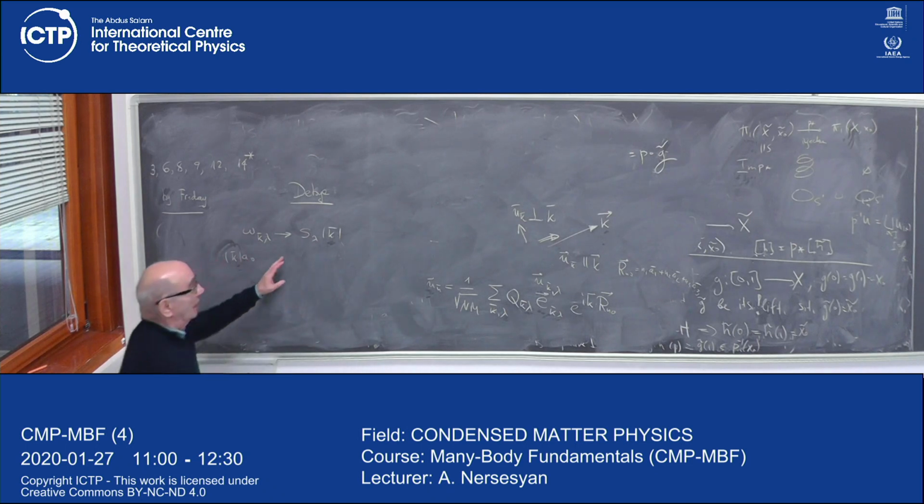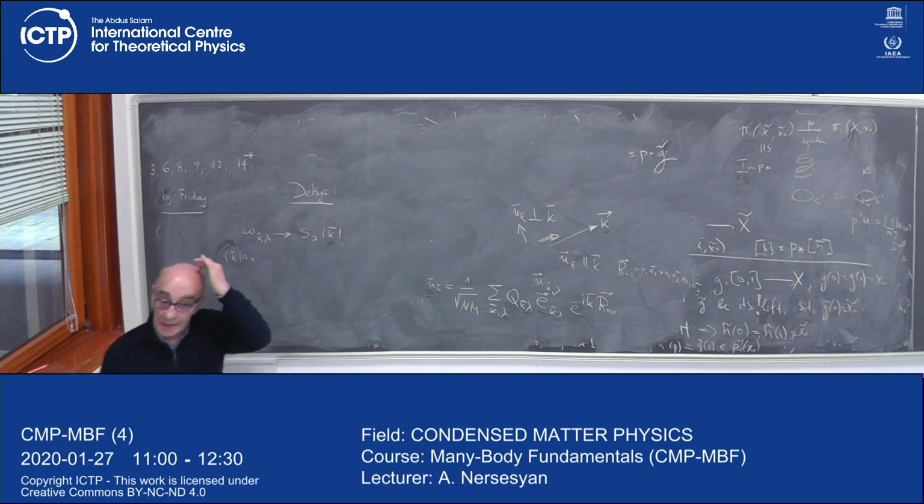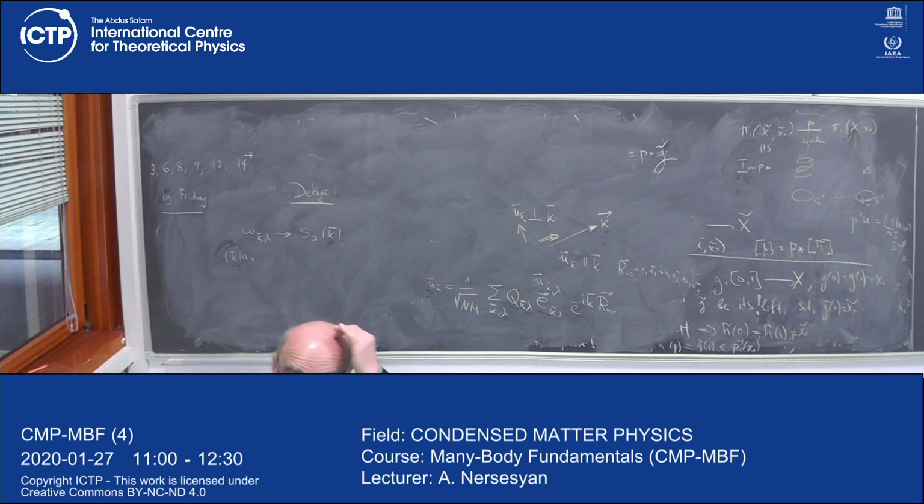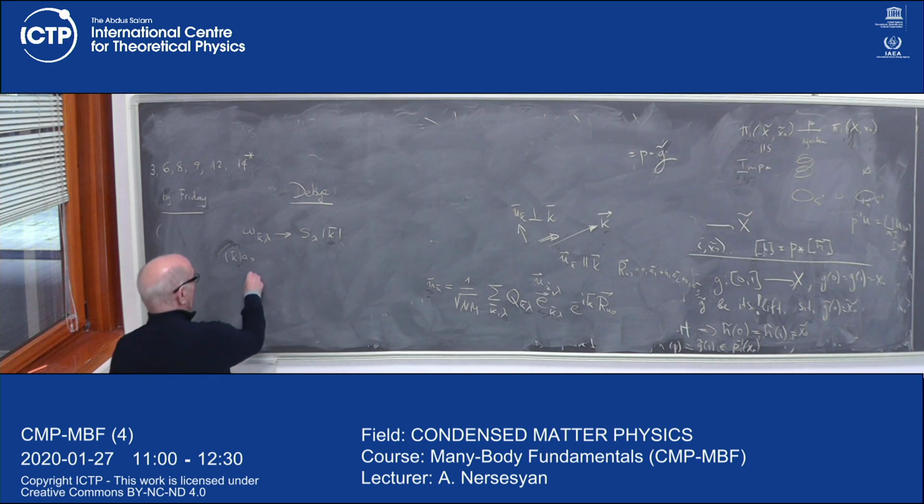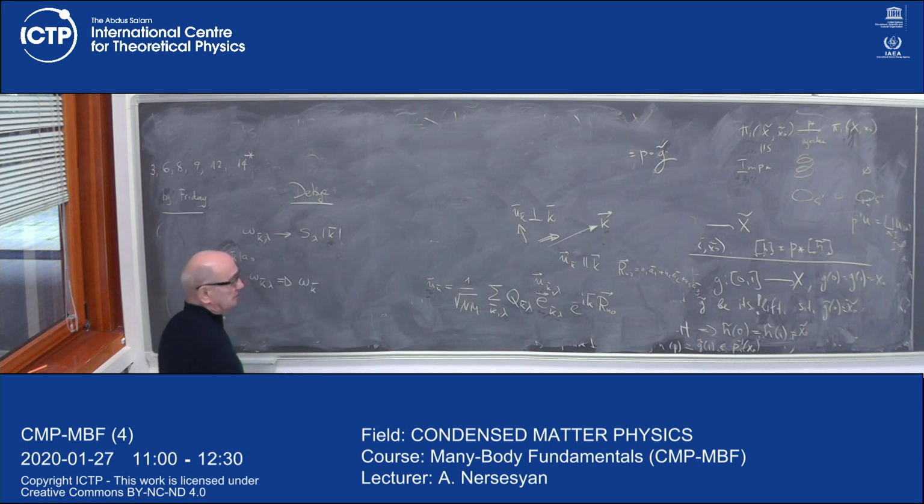So Debye said, no, I don't like it. It's too complicated, it's a mess. And it cannot be decisive. So therefore, his suggestion was, let us replace omega of k lambda by omega of k, which does not depend on lambda.